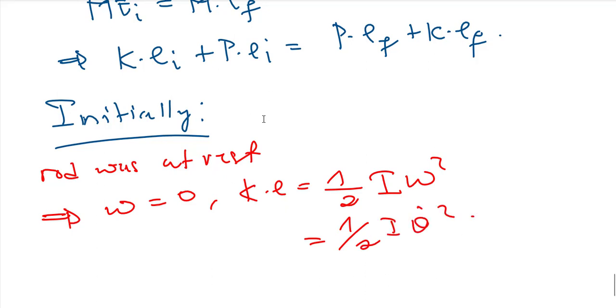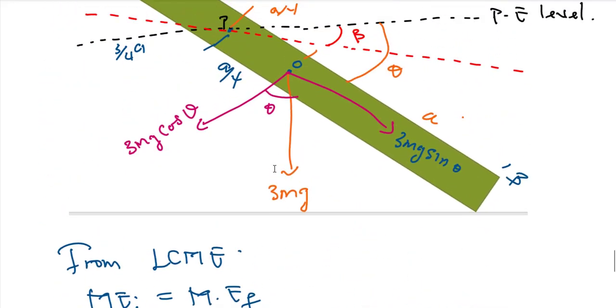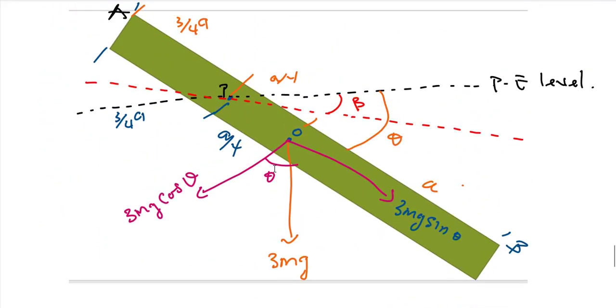For this system, the initial potential energy PE initial will simply be equal to, now our rod initially was inclined at a given angle beta, and so the distance from the center of mass to our point of zero potential energy level is simply a/4.